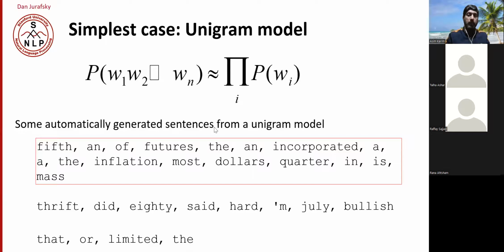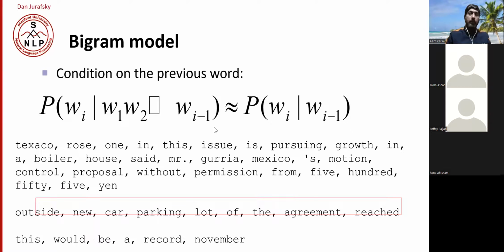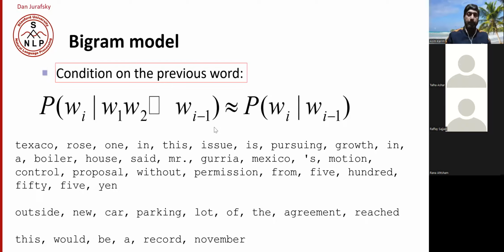So as you can see in this figure, these sentences do not make much sense, but they do reflect words that occur very frequently in running text. Okay. So if you think about a Bigram model, this model, of course, is conditioned on the previous word.